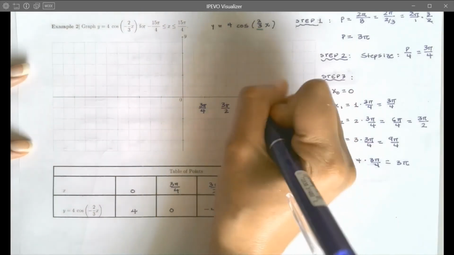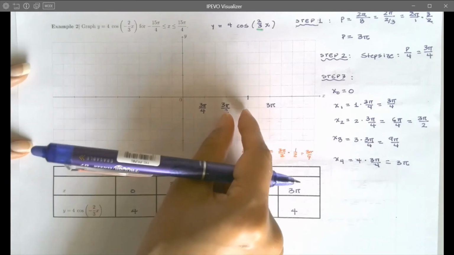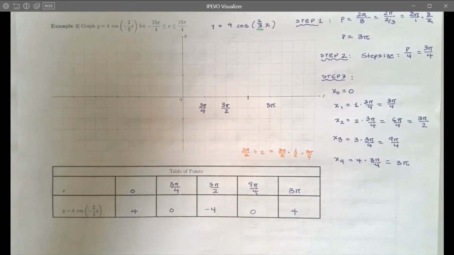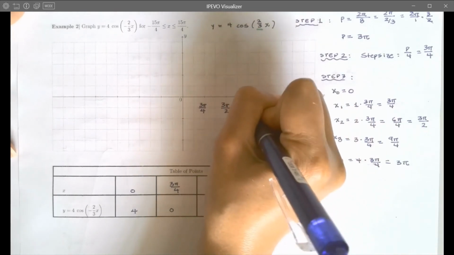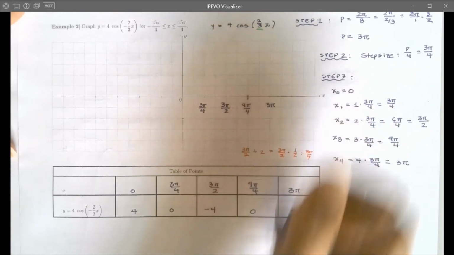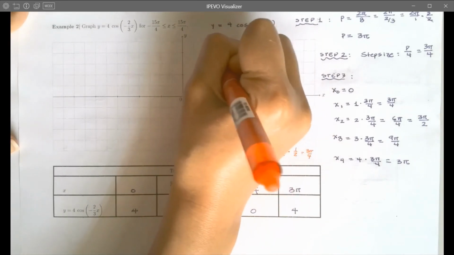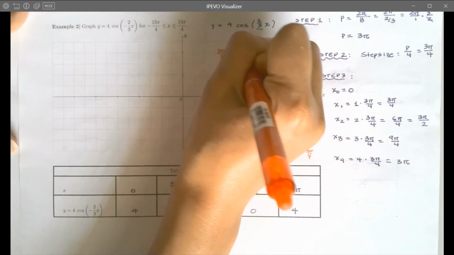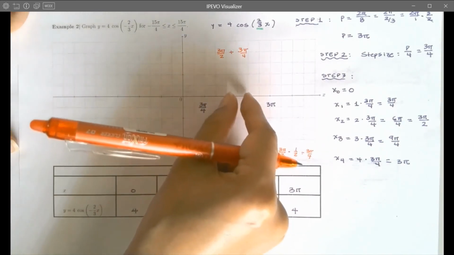Okay, and then if I take 3 pi over 4, which is the size of this interval, and add it to 3 pi over 2, I'm going to get 9 pi over 4. You can verify that on the side again. So if I take 3 pi over 2 and add 3 pi over 4, I'm simply taking the size of this interval and placing it here.